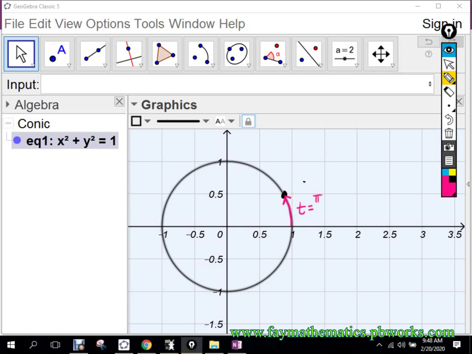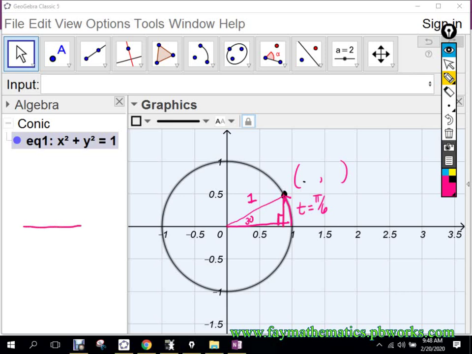Pi over 6. Okay, so let's see what is the terminal point associated with pi over 6. Well, if this is the unit circle, again, we know that is 1. This angle here is the same as t, right? So this is 30. Right triangle, correct?